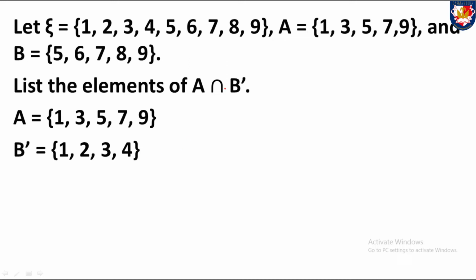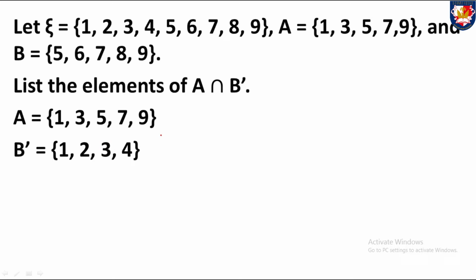Next, since we're talking about intersection, A intersection B complement means the common elements between A and B complement. Which ones are common? 1 is an element of A and also an element of B complement. And 3 is an element of A, and 3 is also an element of B complement.